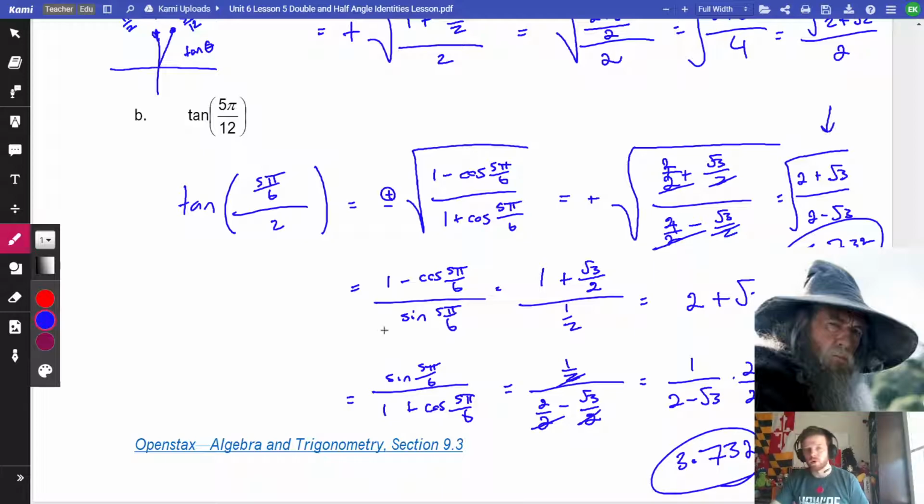All right, so that one's just annoying to simplify. I'm not a fan. I mean, you're going to multiply by conjugates. It's going to become 2 plus root 3 written in a different way. But all of these are 3.732.